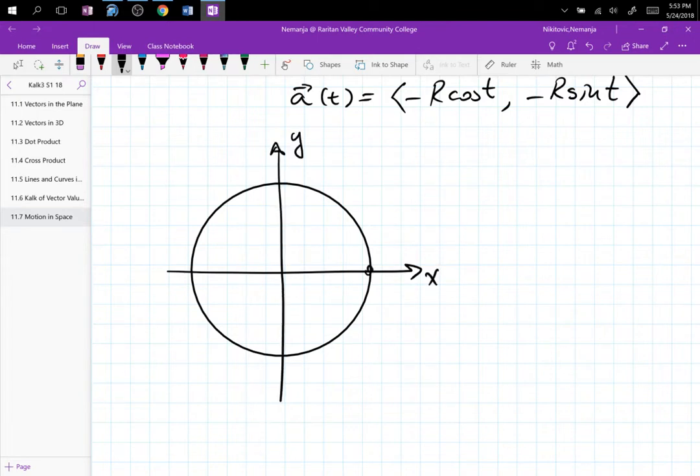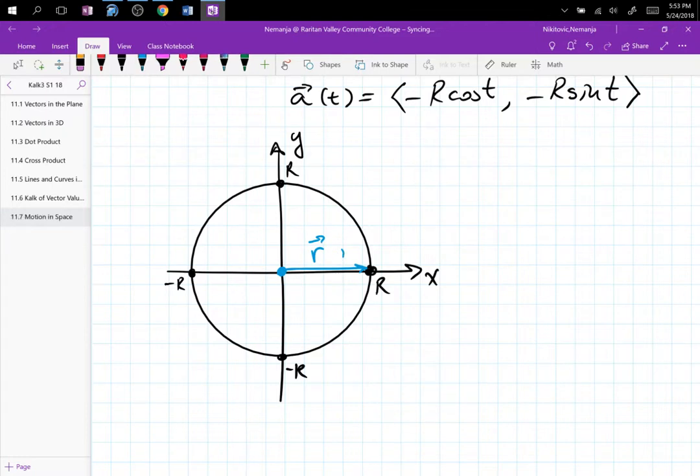X and the Y. This is where radius R is. On the other side we have negative R. So what do I have? The path, right, which is the R. So the blue vector that goes from the origin towards any of the points on the circumference is going to be r of t.